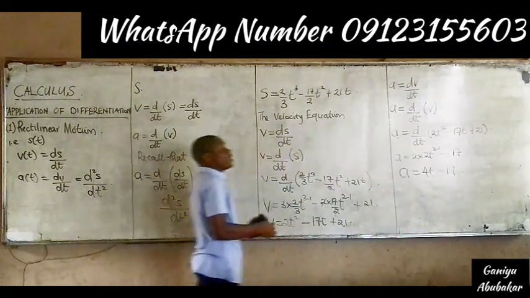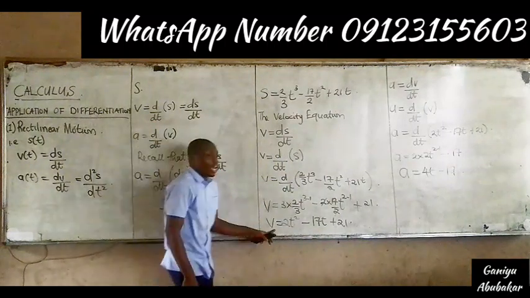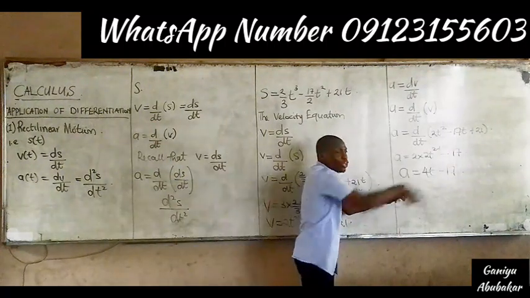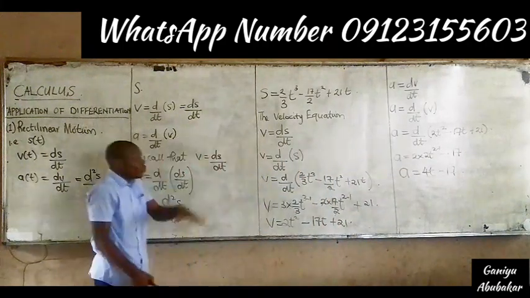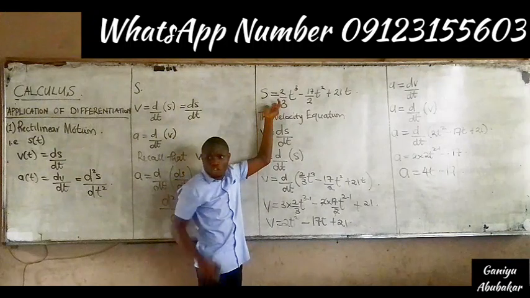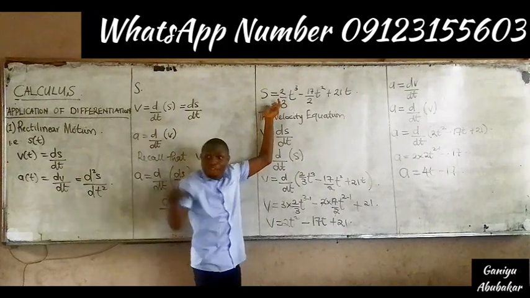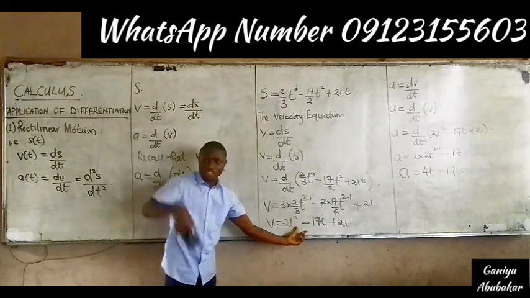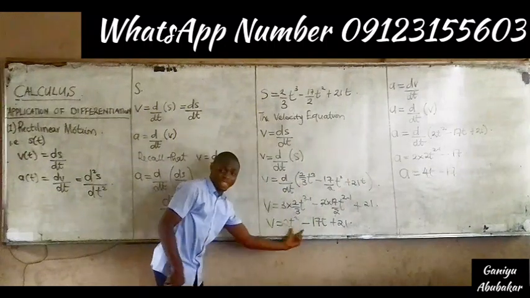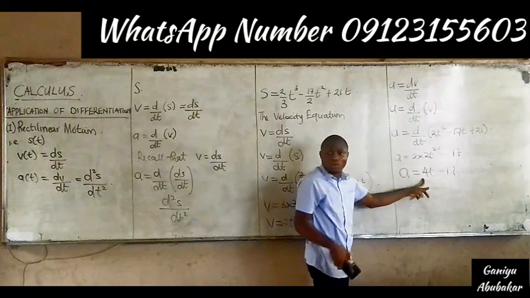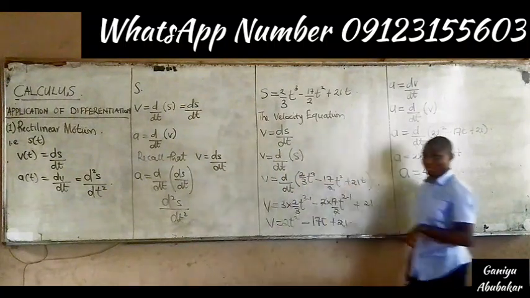So I've gotten the velocity equation and the acceleration equation. This was the original question, distance. To get the velocity, we differentiate once, I have this. Acceleration, we differentiate twice.